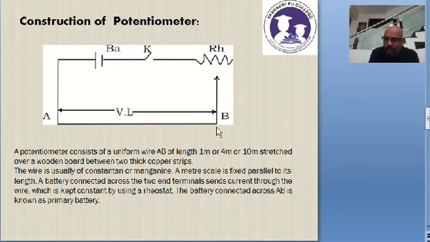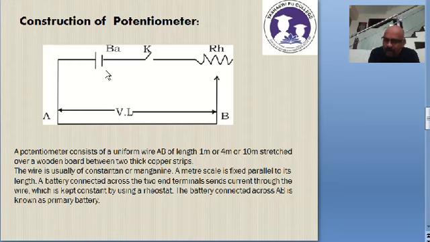Now suppose you check between A and some point at the center. I'll start from the beginning. The battery gives, say, 20 volts.